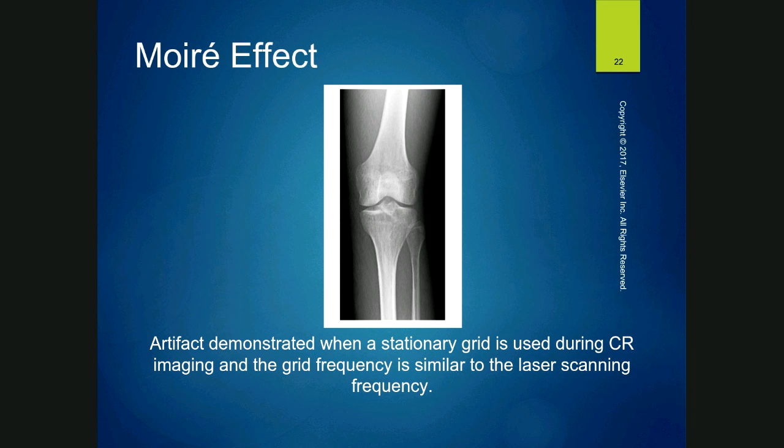Basically, a bunch of lines show up because they don't get exposed and read in the same way. It makes it look kind of like zebra stripes, depending on the direction. But Ms. Garner will talk to you about that in digital class. So just be aware of what it is and that it only happens with computed radiography.